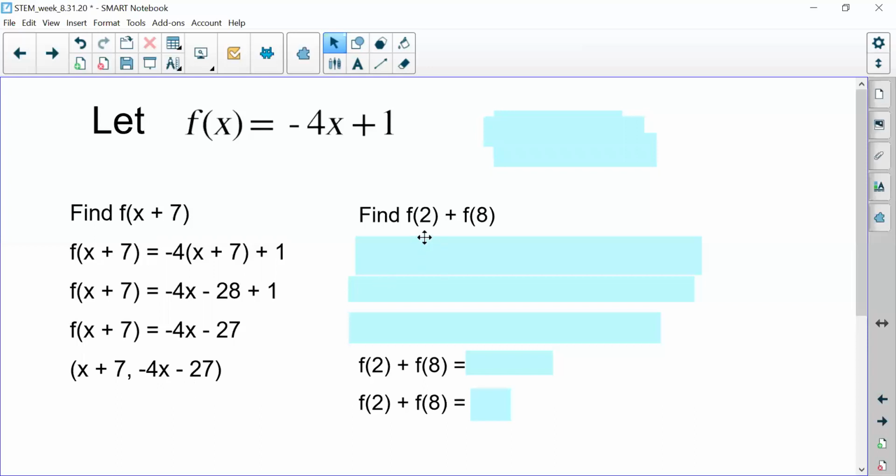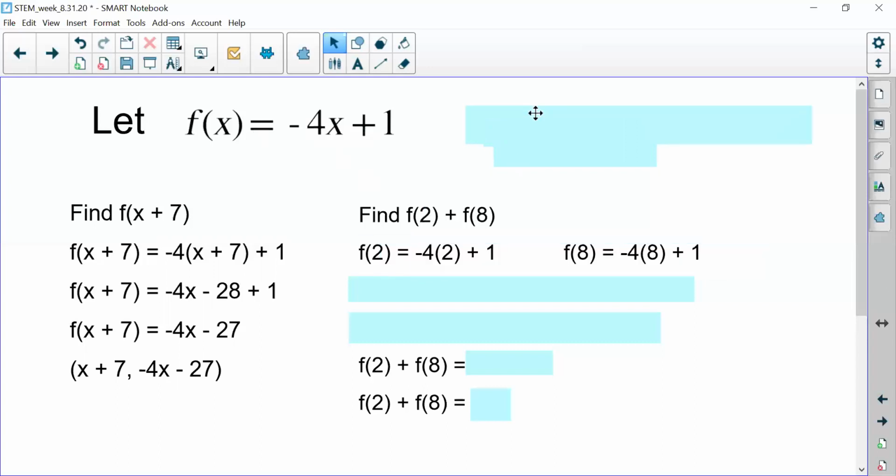What is f of 2 plus f of 8? Well, I find out what f of 2 is, I find out what f of 8 is, and then I just add them together. So f of 2 is just negative 4 times 2 plus 1, and f of 8 is negative 4 times 8 plus 1.